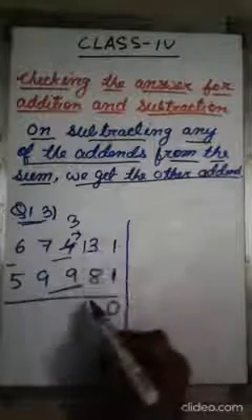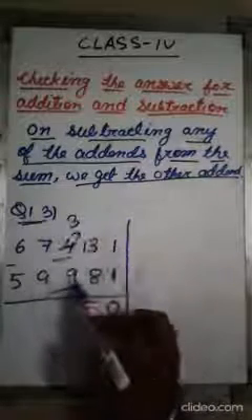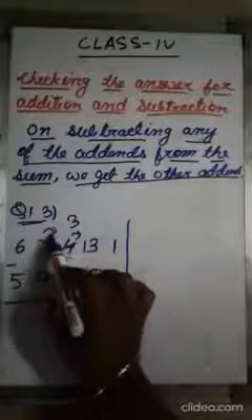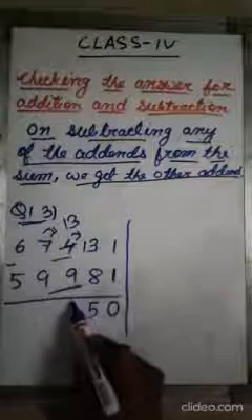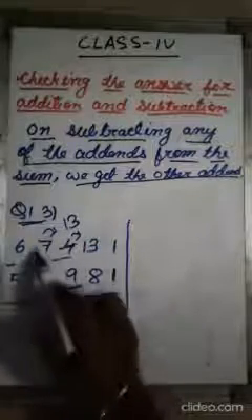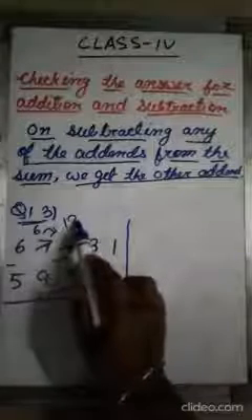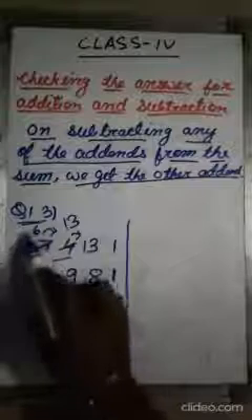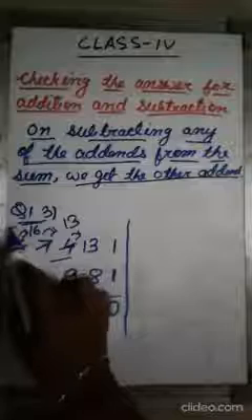13 minus 8 is 5. From 3 we have to subtract 9. Again we have to borrow 1 from 7. It becomes 13. 13 minus 9 is 4. This 7 becomes 6 as we have taken 1 for 3. So 6 minus 9, again we have to borrow, it becomes 16, and the next 6 becomes 5.